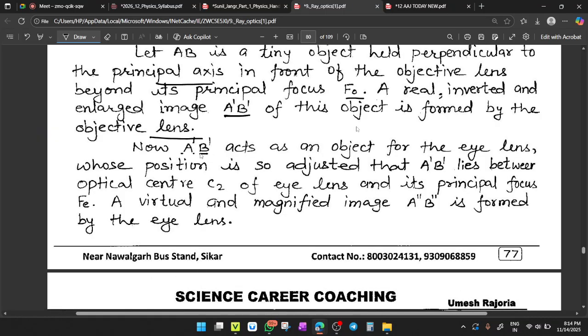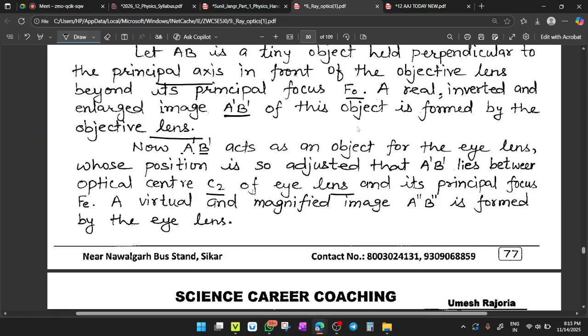Now A dash B dash works like our object for the eyepiece. Now A dash B dash acts as an object for the eye lens, whose position is so adjusted that A dash B dash lies between the optical center C2 of the eye lens and its principal focus FE.